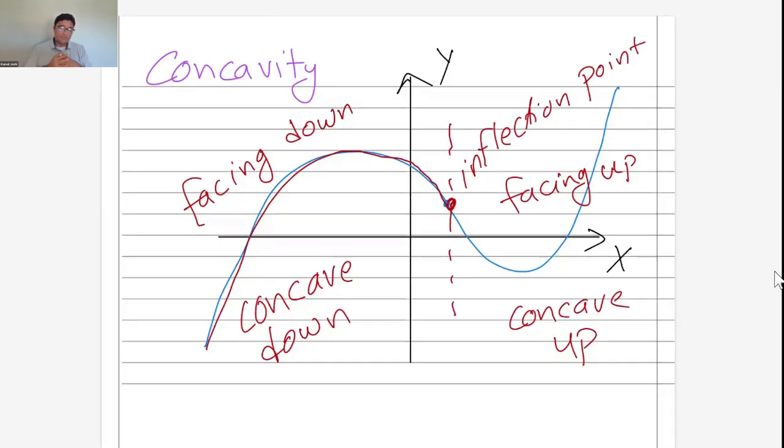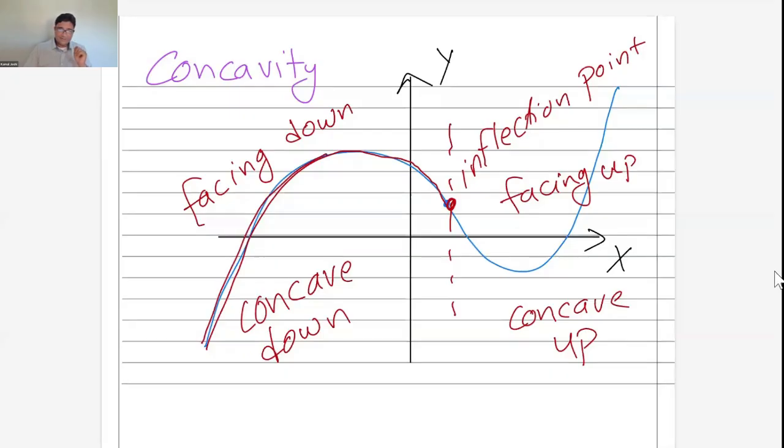These terminologies you want to be familiar with: concave down, concave up, and where the change takes place, that is an inflection point. That is also a property of functions. I'll give you an example where it makes sense to look at this. When it is concave down, you see the growth is getting slowed down.